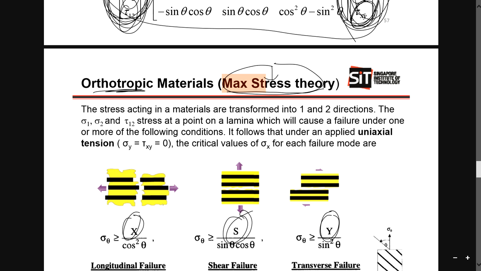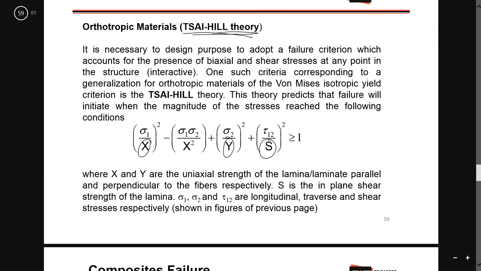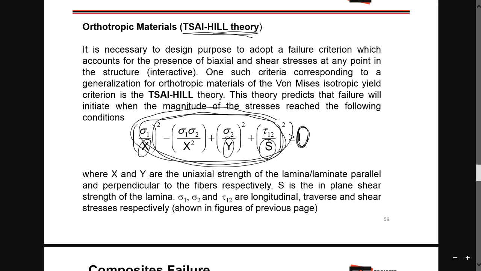Same consideration as Max Stress, but it is kind of summing them all together. If you add them up together, ensure that they are smaller than 1. If it's larger than 1, then you will start to fail.